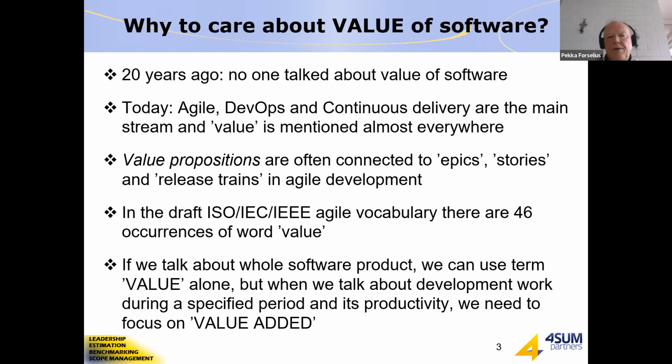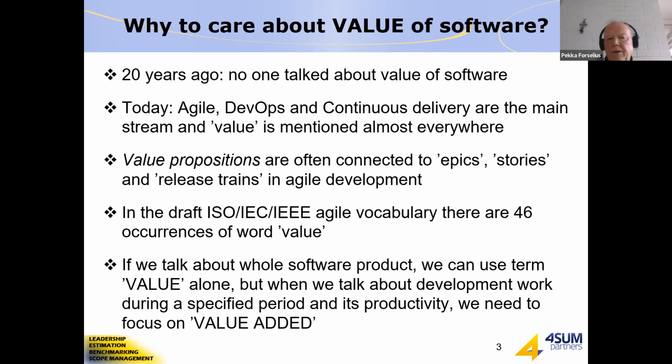So agile, DevOps, continuous delivery, they are the mainstream nowadays. And value is mentioned almost everywhere in their documents. They are promising value, so value propositions are often connected to epics, stories, user stories, release trains in agile development. And all prioritization and such things are made based on value.